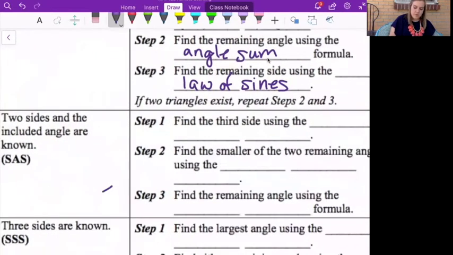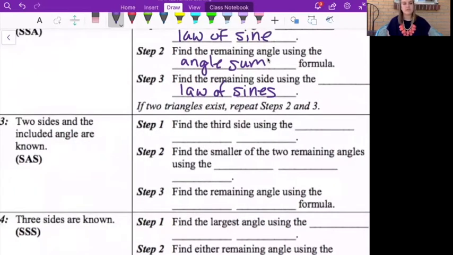Okay, so we use law of cosines when we know side angle side, so we know two of our sides and only one of our angles. Then to find our third side, we use law of cosines.